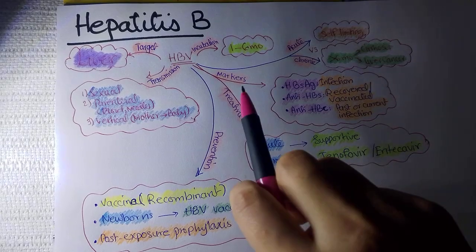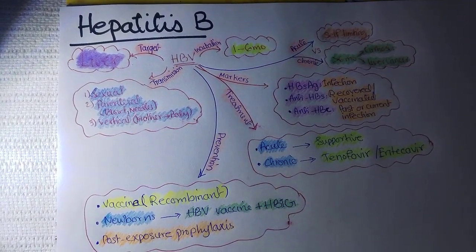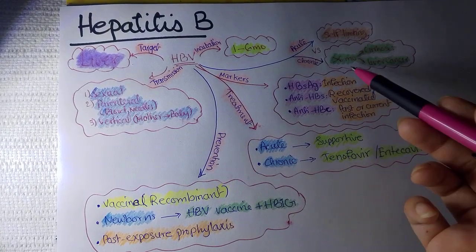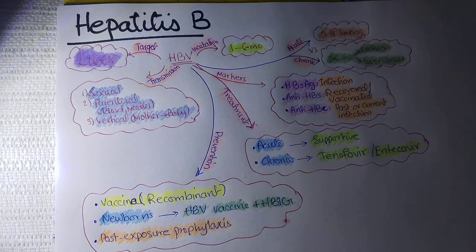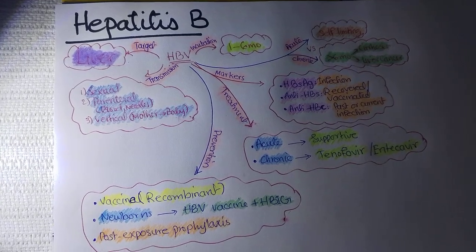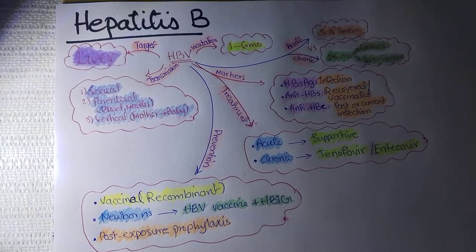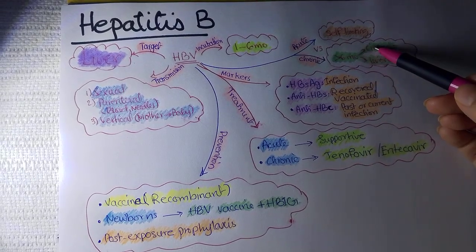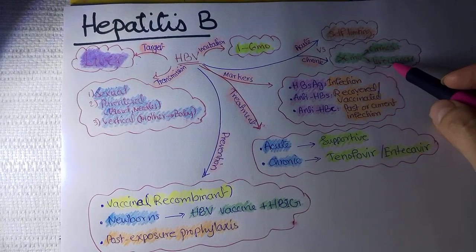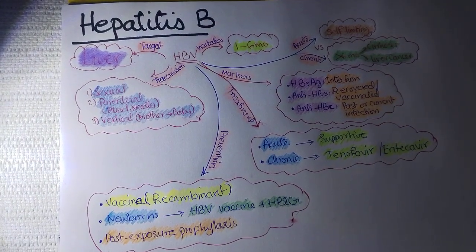In the chronic phase, the virus stays more than 6 months, which is common in babies, about 90%, and 5% in adults. So it can lead to cirrhosis and or liver cancer, which is hepatocellular carcinoma.